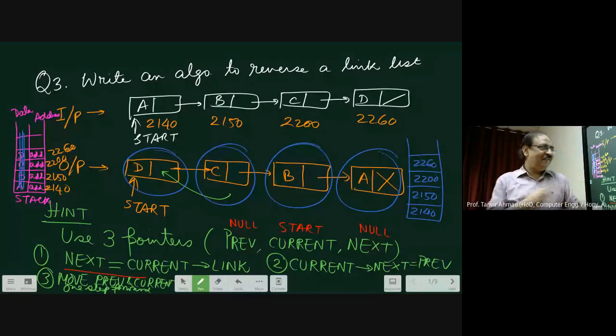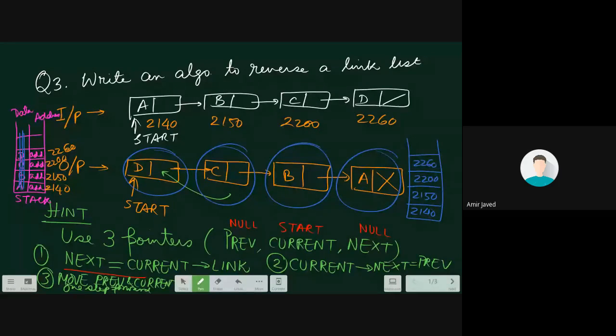Tell me. Amir Javed, you tell me, how did you come up with 2n? Your answer is correct, but let me ask you, which additional pointer will you take?